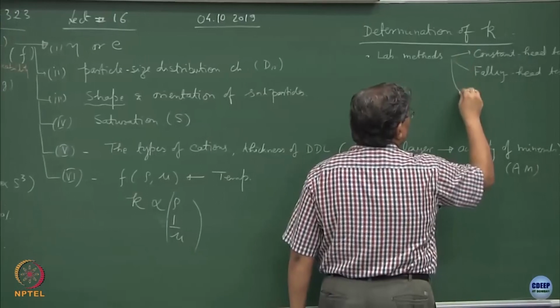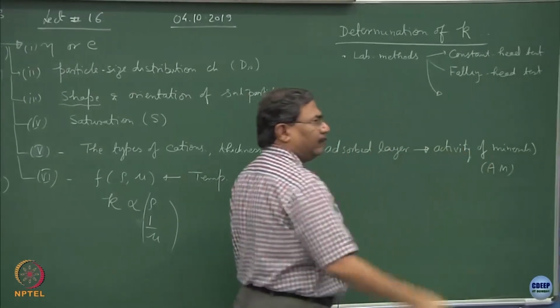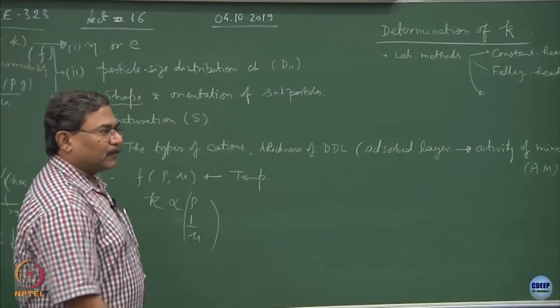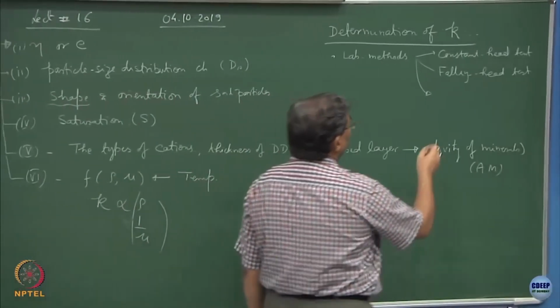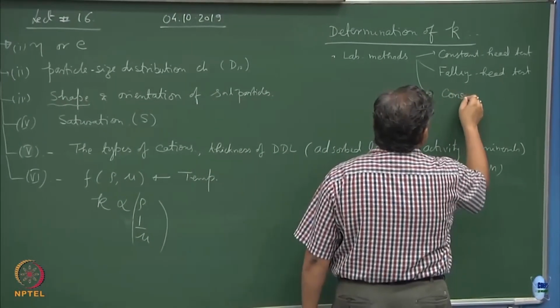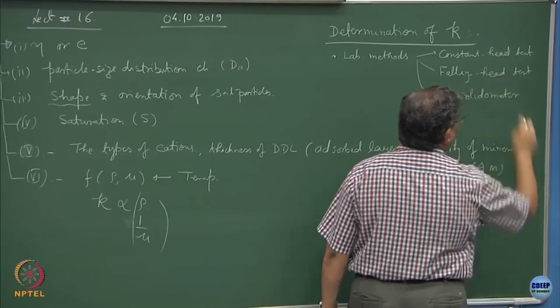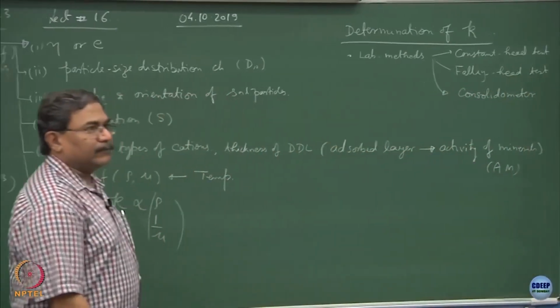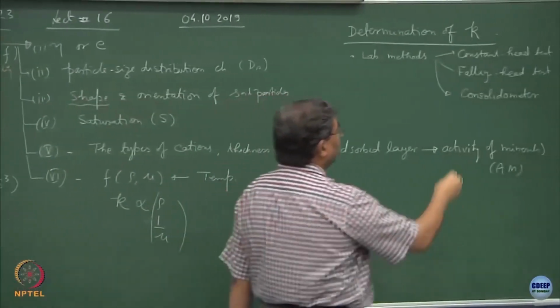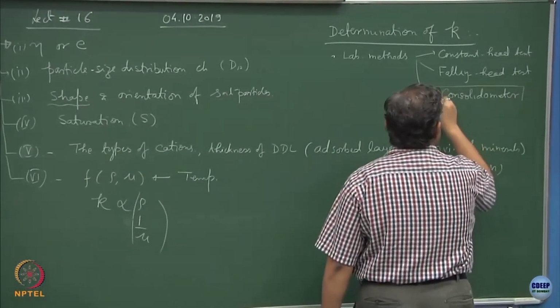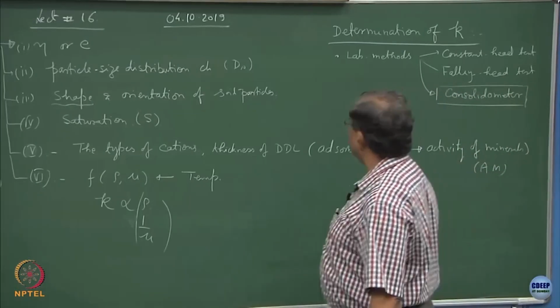There is another test which we will be defining very shortly when we talk about the consolidation characteristics of soils. So, I can use a consolidometer to obtain the K value. This is to be discussed slightly later when we discuss the consolidation characteristics.